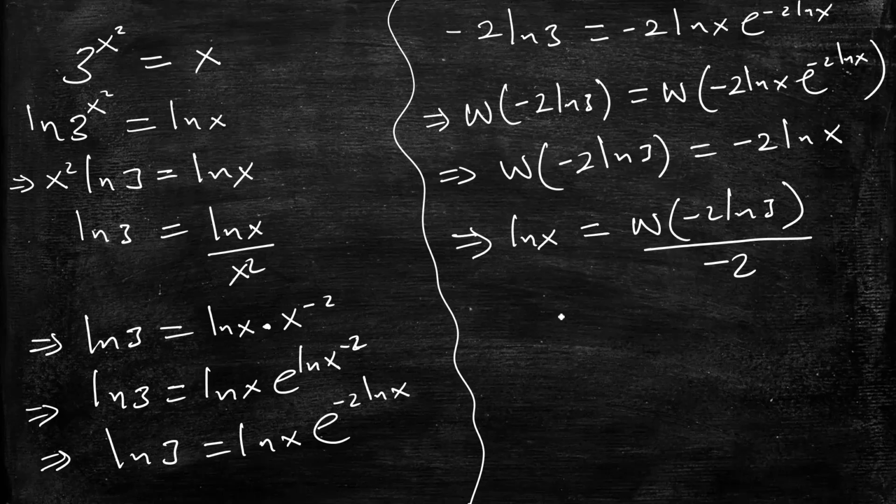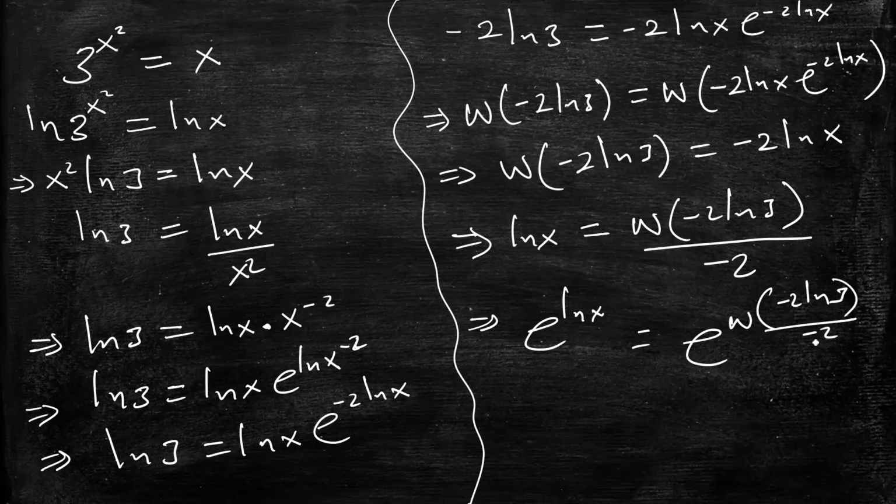Just as we said, e raised to ln of something is that thing. We can remove the ln here by taking e on both sides. So we have e raised to ln of x, and I'll do the same to this side: e raised to W over minus 2.